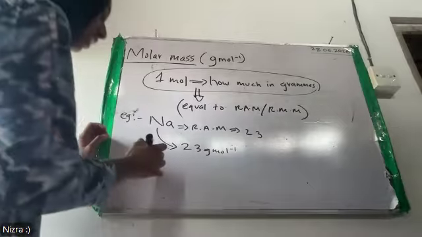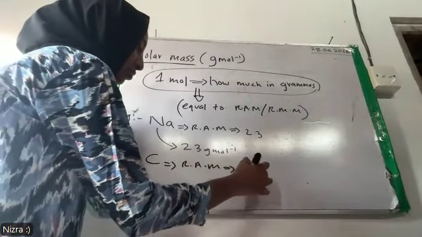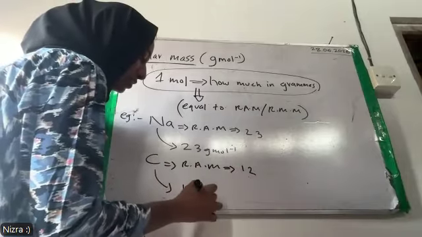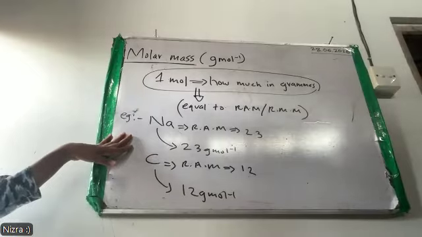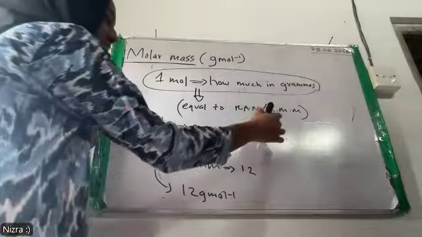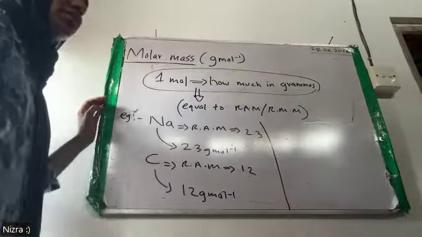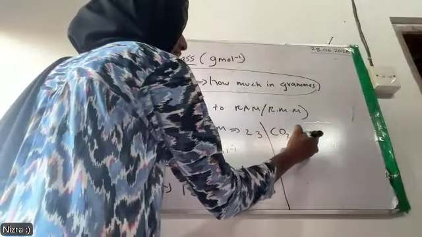Okay, now I'll take carbon. Carbon's relative atomic mass is 12. Therefore, 1 mole of carbon is how much? 12 grams. 1 mole of sodium is 23 grams, but 1 mole of carbon is 12 grams. Then, same way, we can apply this to molecules. Now, carbon dioxide.